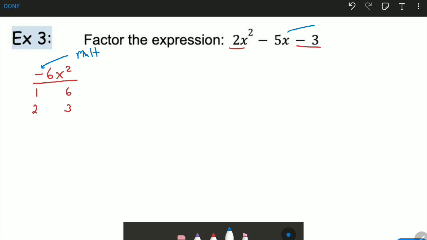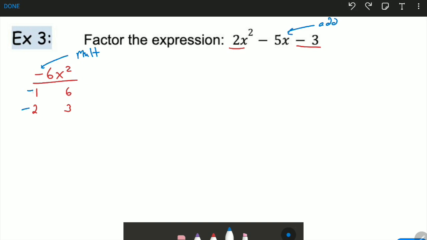and add to be this number. Well, because they multiply to be a negative, one of them has to be negative. So I'm just going to make this negative and double check. Do either of the combinations I now have add up to be -5? Well, no, but -1 and +6 adds up to be +5.